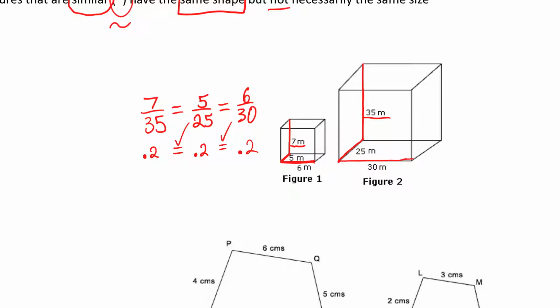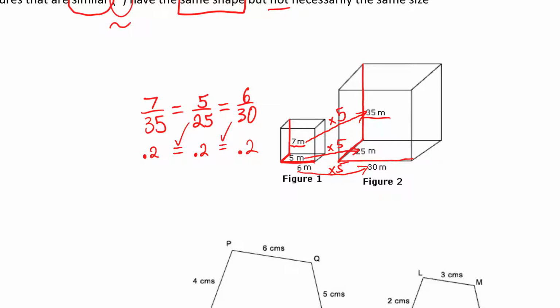Another way to think about it is like this. Going from 7 to 35, what did it get multiplied by? By 5. From the 5 to the 25, it got multiplied by 5. From the 6 to the 30, what happened? Did they all get multiplied by the same number?